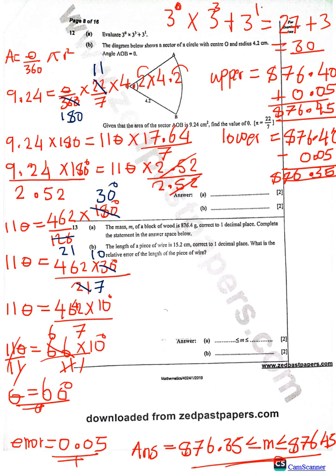Then for the last part, the length of a piece of wire is 15.2 centimeters, correct to one decimal place. What is the relative error of the length of the piece of wire? So with one decimal place, the error is 0.05. The formula for relative error is equal to absolute error divided by true value. So the absolute error is 0.05 over 15.2.